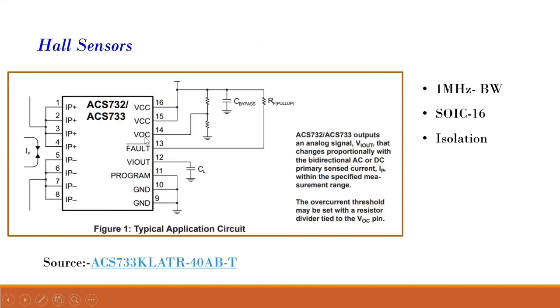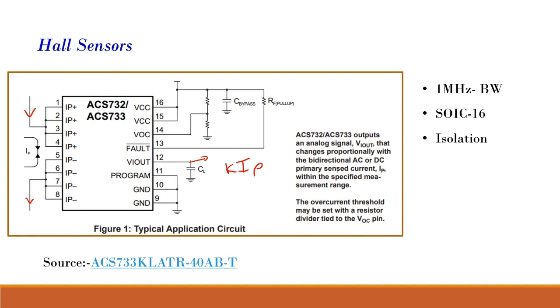This is a Hall current sensor. The current flows in and flows out, and it will generate this output voltage, which is proportional to my current flowing in.